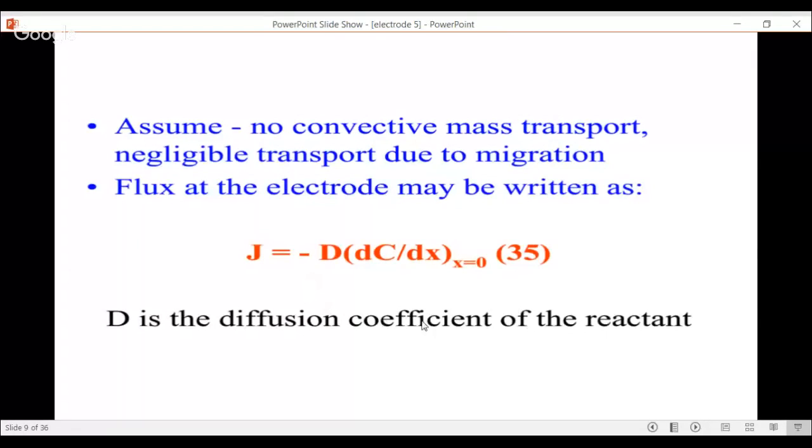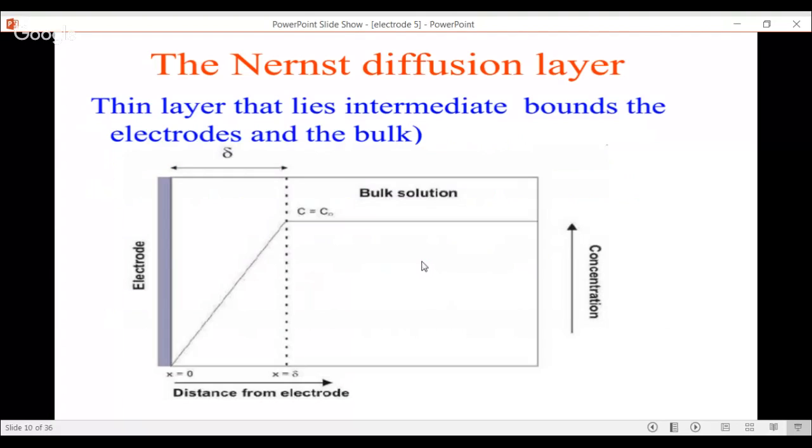So D is the diffusion coefficient of the reactant and dC by dx is the concentration gradient. If I look at the thin layer that lies between the electrode and the bulk, the bulk concentration is C0, and very near to the electrode, at distance x equal to 0, if diffusion is controlled, the species arriving at the electrode is immediately discharged or electrolyzed.